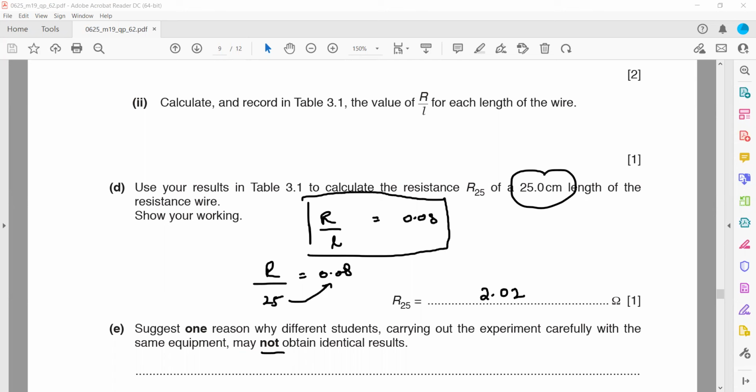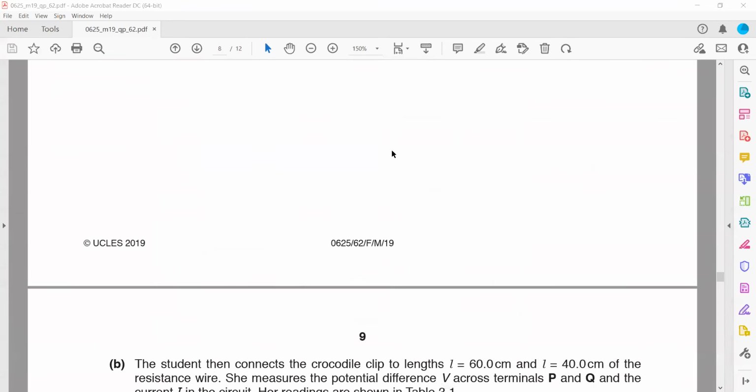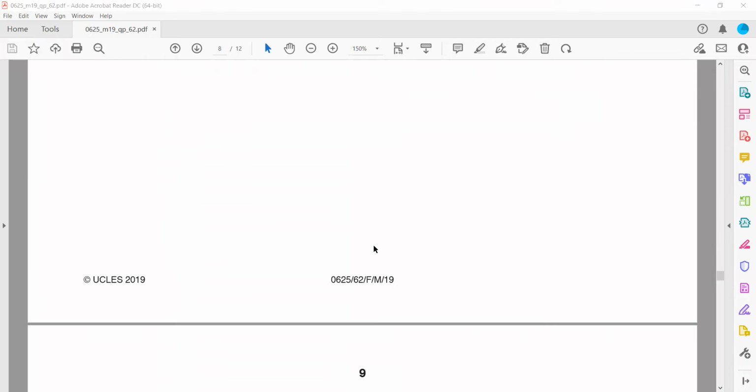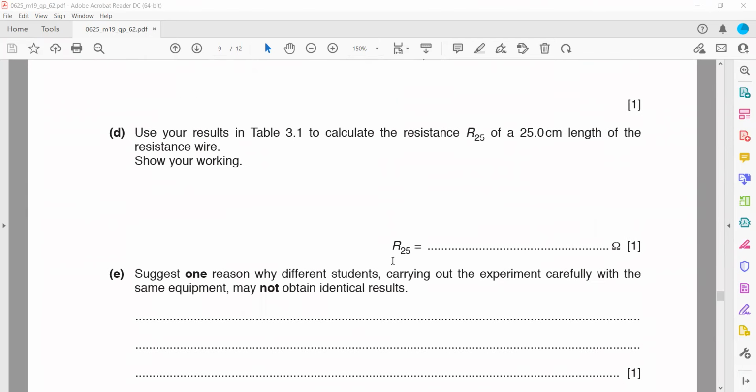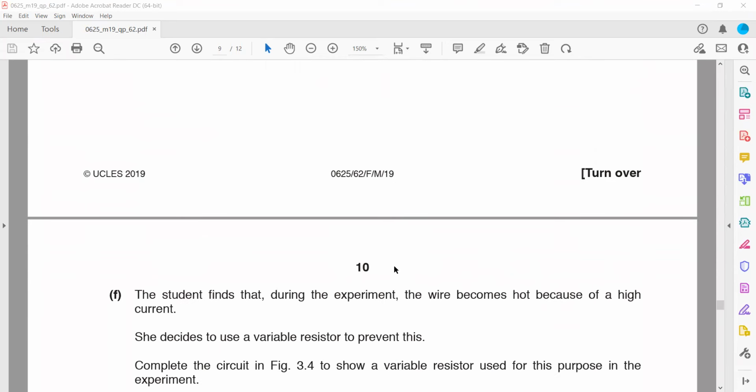Students may not place the crocodile clips at exact positions, or the connections are not tight because students are changing the position of the crocodile clip. So a slight change in the crocodile clip will change the value for resistance.